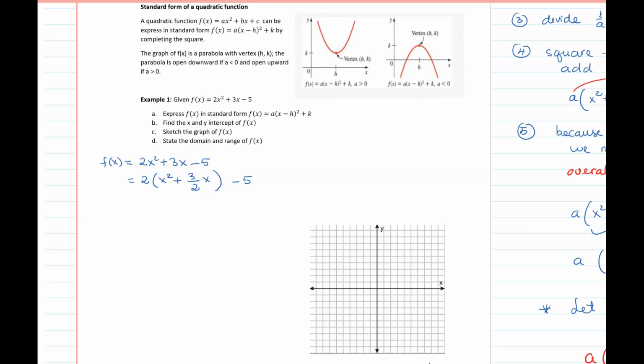The next thing I do is to take 3 over 2 divided by 2. 3 over 2 divided by 2 equal 3 over 4. Then square it. 3 over 4 squared equals 9 over 16. I will add this into my equation and subtract it right away.